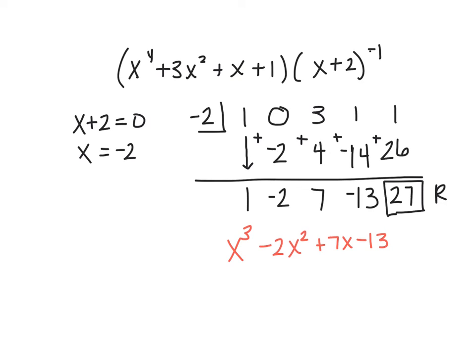We have a remainder of positive 27. And remember to put our remainder over the divisor of x plus 2. So once again, when we write our answer, you start with 1 degree less than what you started with. So x cubed, 1 is the coefficient, minus 2x squared plus 7x minus 13 plus our remainder of 27 over x plus 2.